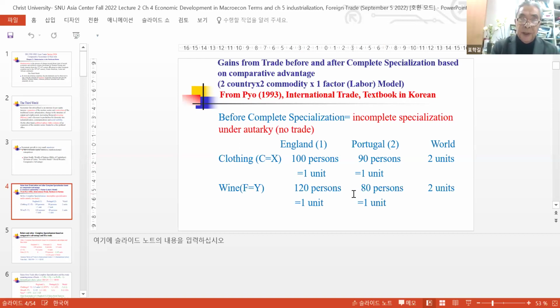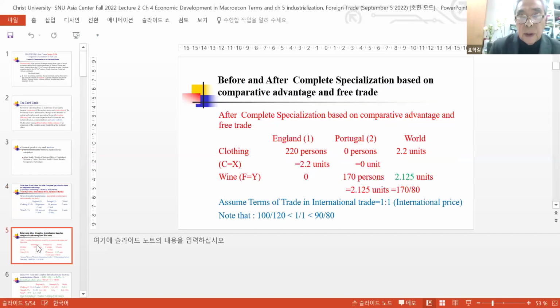So we say that England possesses comparative advantage in clothing. Portugal, on the other hand, has comparative advantage in wine production. So Ricardo's message: let both countries specialize completely in the production in which they have comparative advantage.